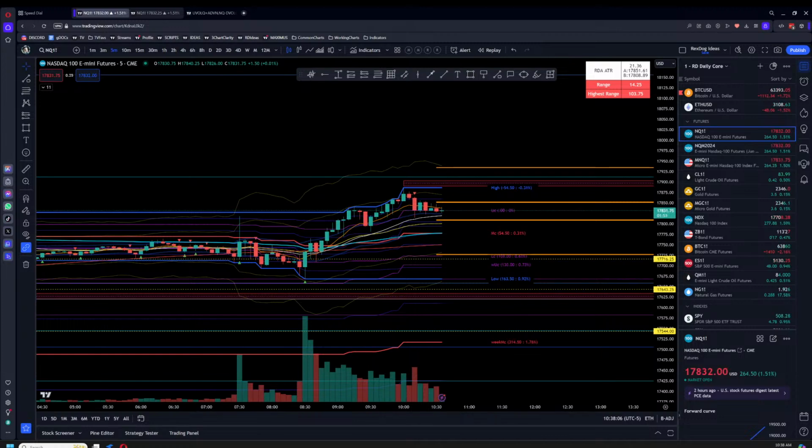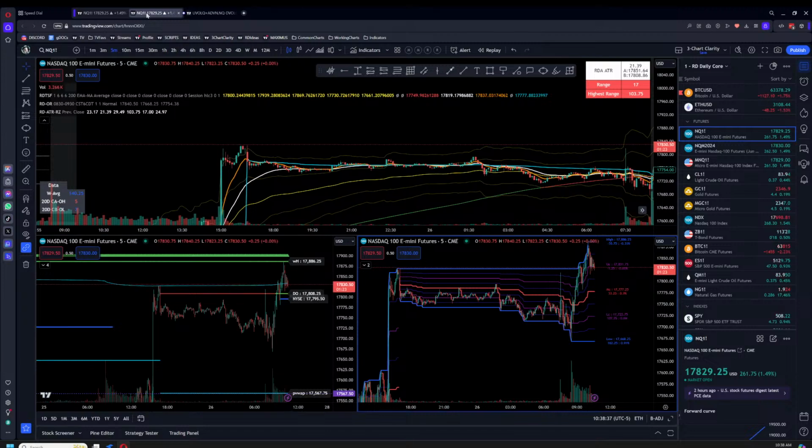Oh, maybe it might go up. Nope. Look at that. Nope, it's not going up. Yep, it's going up. Nope, it's not going up. Actually, it looks like it might sell off here. You know what would be sweet?